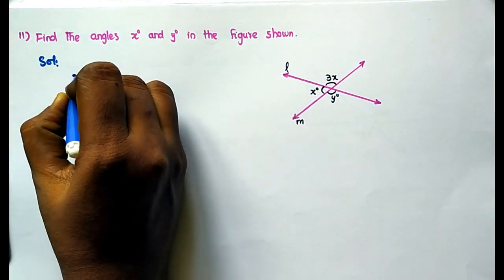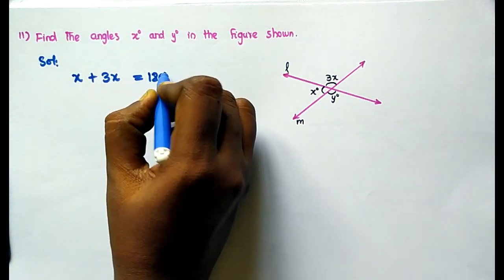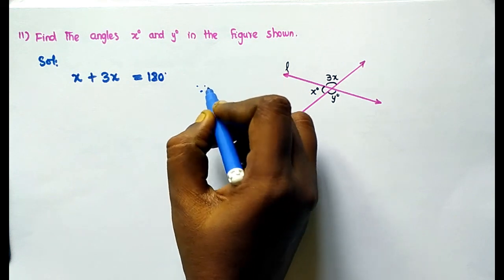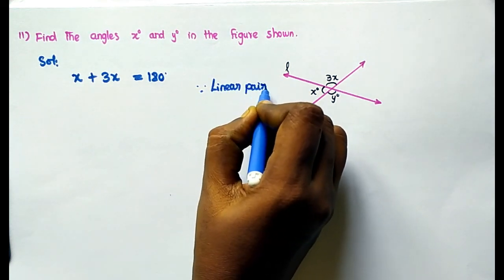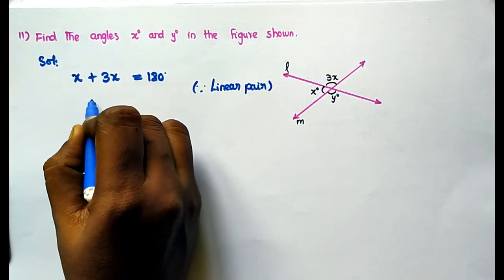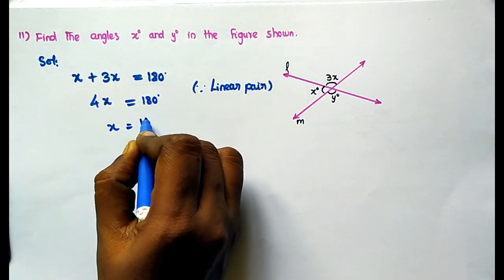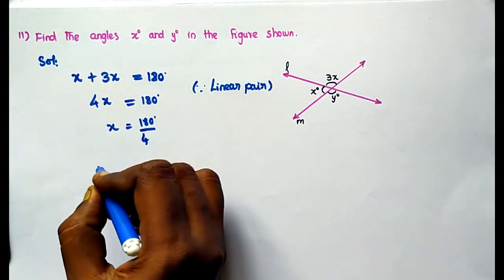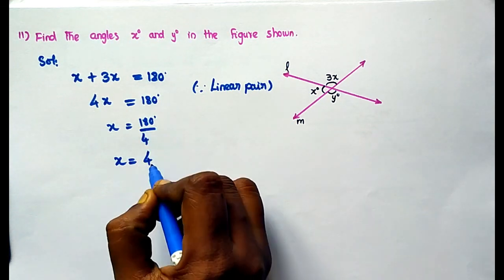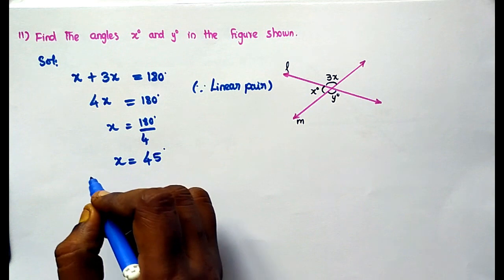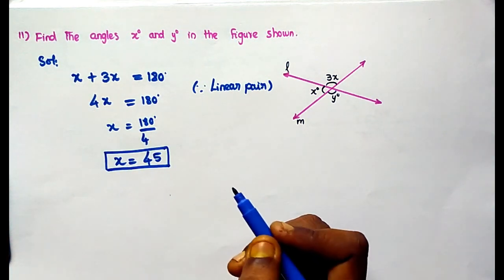So x plus 3x equal to 180 degree, since linear pair. So 4x equal to 180 degree. So x equal to 180 degree divided by 4. So x equal to 45 degree.